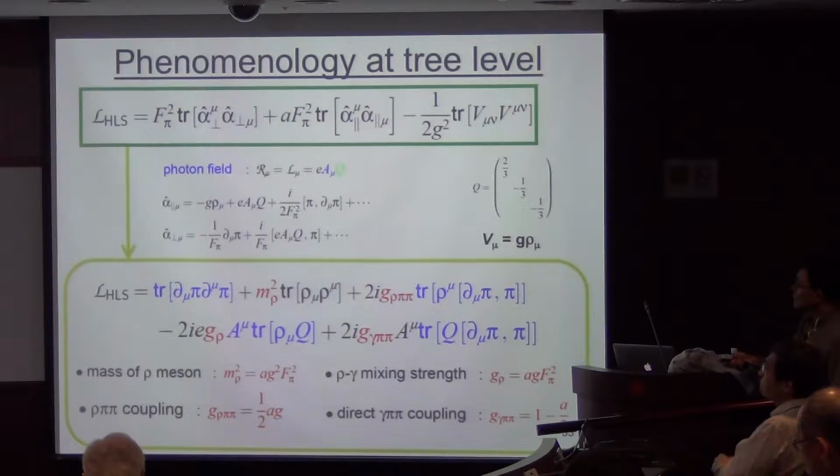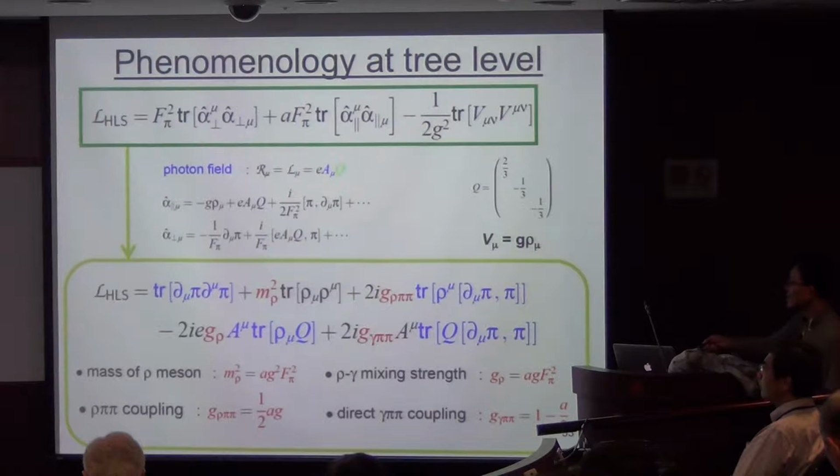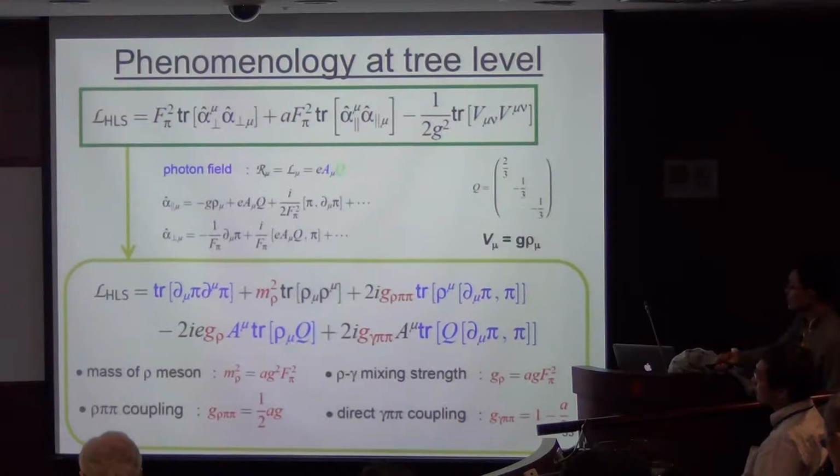Then you can expand this parallel mu and perpendicular mu in terms of the Pi field. And then we obtain these expanded forms. Then you can substitute this form here, and then you will get this kind of Lagrangian, which has higher order terms.